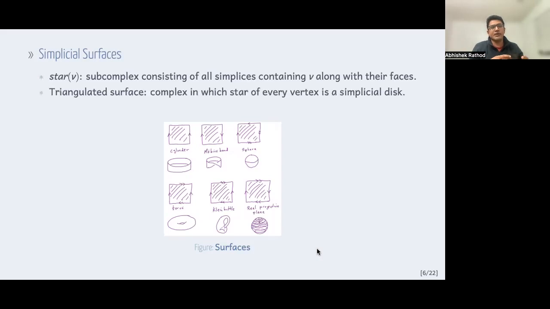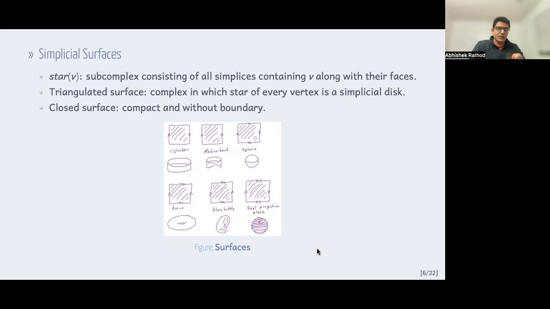And a triangulated surface is a simplicial complex in which the star of every vertex v is a simplicial disk. So basically, locally, it looks like a plane. And a closed surface is a surface that is compact and without boundary. So in the context of this work, the surfaces that are interesting are closed surfaces that are triangulated.